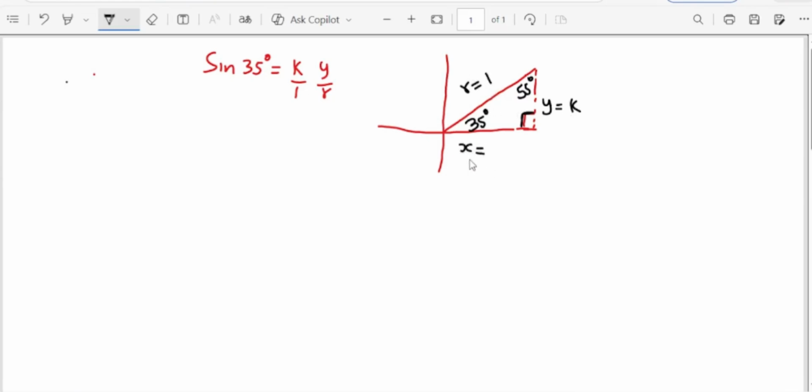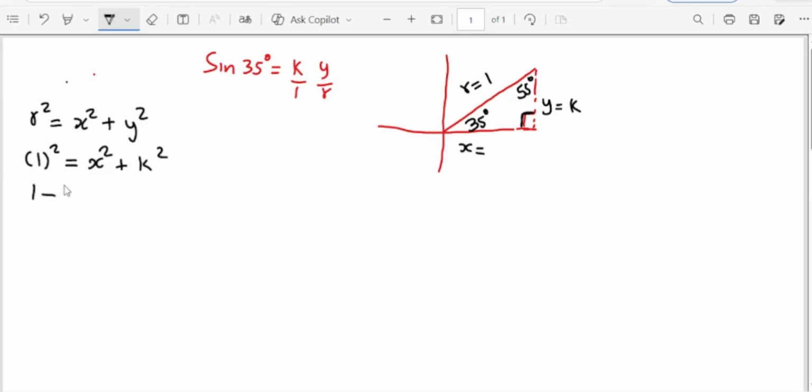We need to use the theorem of Pythagoras to find that x. So this is r squared is equal to x squared plus y squared. What is the value of r? The value of r is 1. Let's square this side. What is the value of x? It's the one that we are looking for, plus y, which is k squared. So this will be 1.